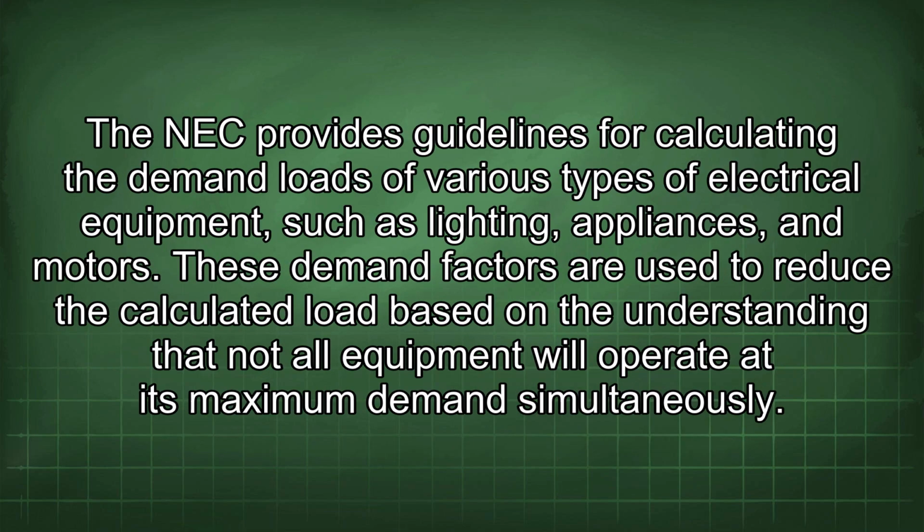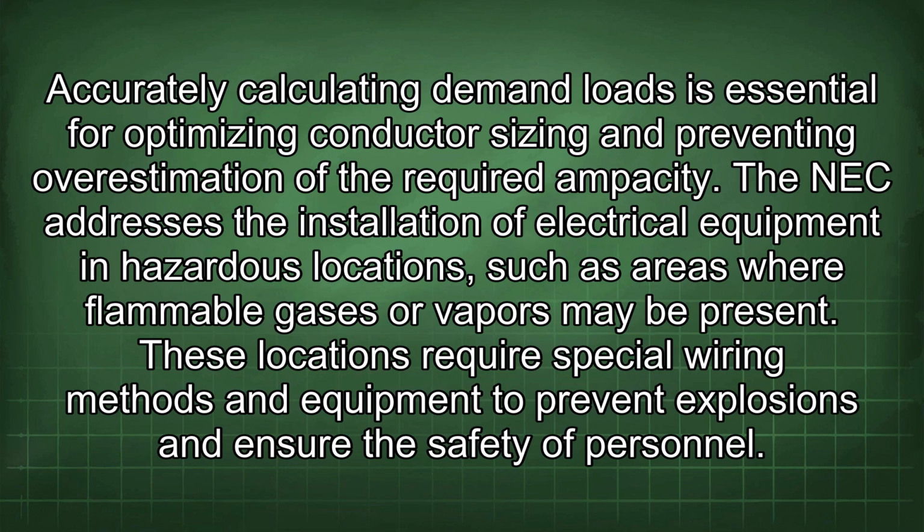The NEC provides guidelines for calculating the demand loads of various types of electrical equipment, such as lighting, appliances, and motors. These demand factors are used to reduce the calculated load based on the understanding that not all equipment will operate at its maximum demand simultaneously. Accurately calculating demand loads is essential for optimizing conductor sizing and preventing overestimation of the required ampacity.